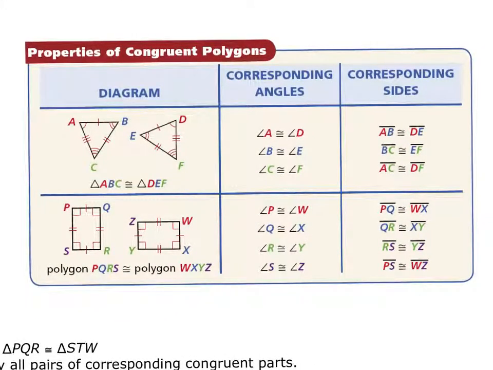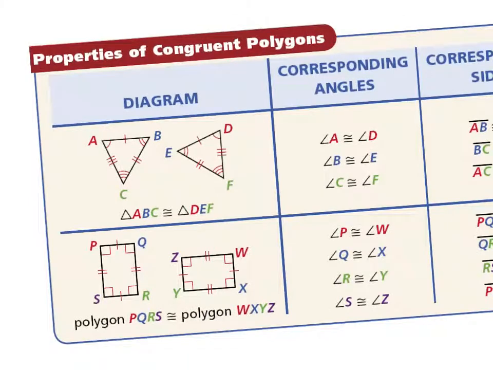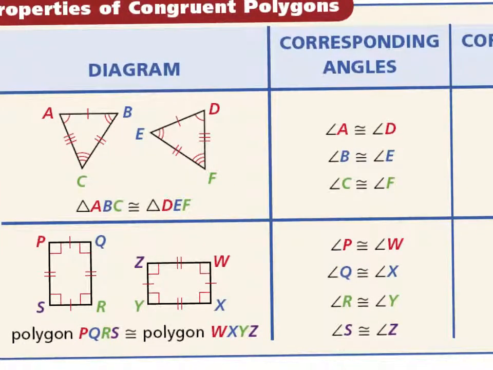So those are some properties you need to know. On your diagram here, you'll see two different triangles, and they're congruent because their corresponding sides and their corresponding angles are congruent.